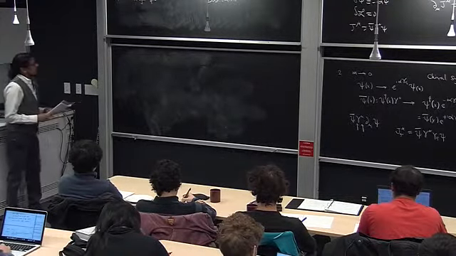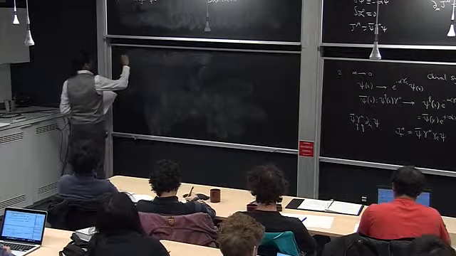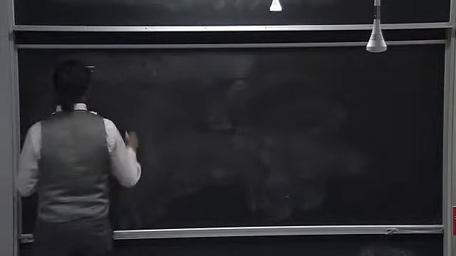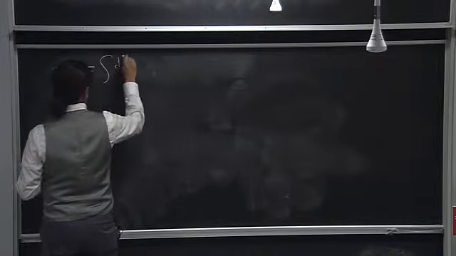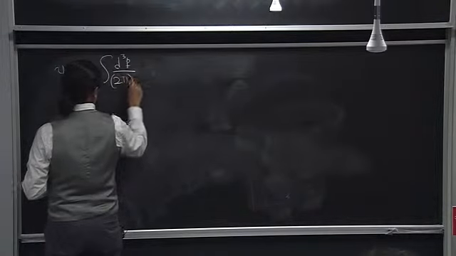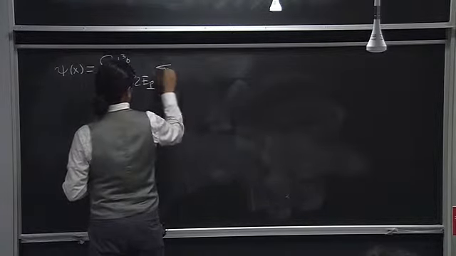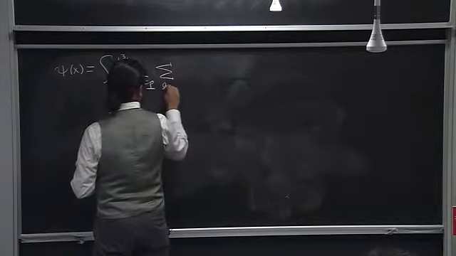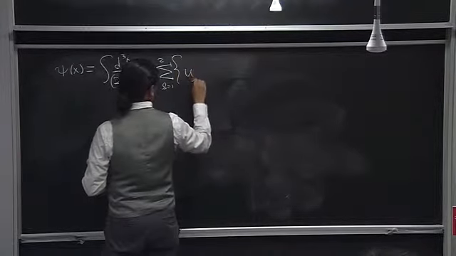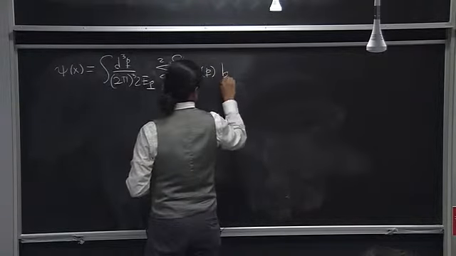Okay. So I wrote earlier the classical expression for psi of x. But let me quickly write what the quantum expression is. When we quantize, we replace the Fourier coefficient we had by an operator.